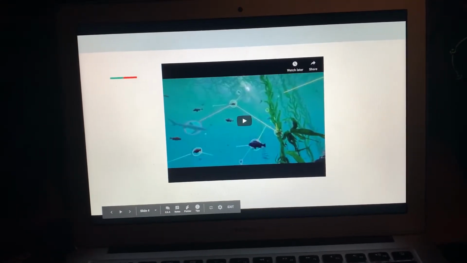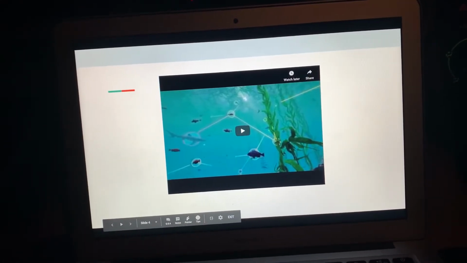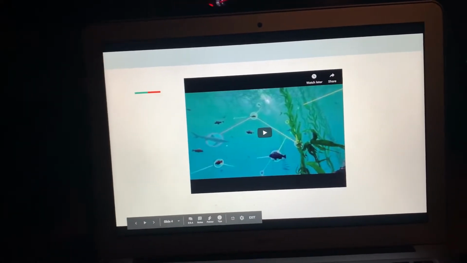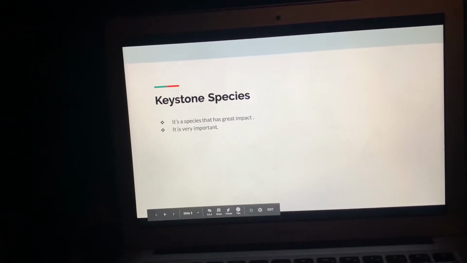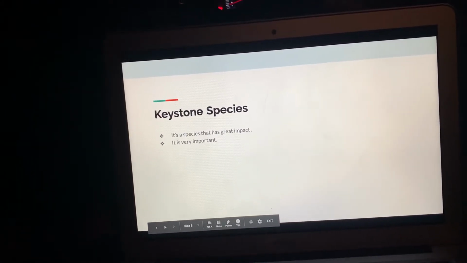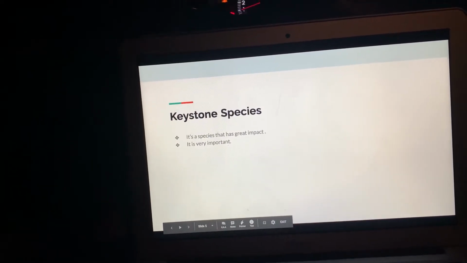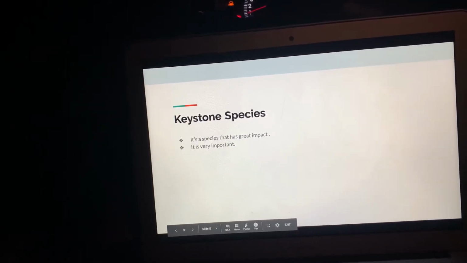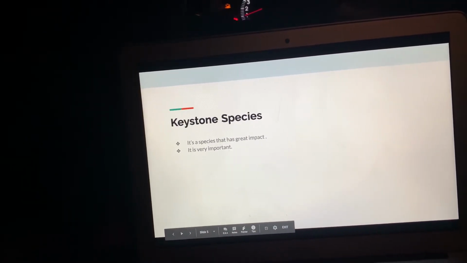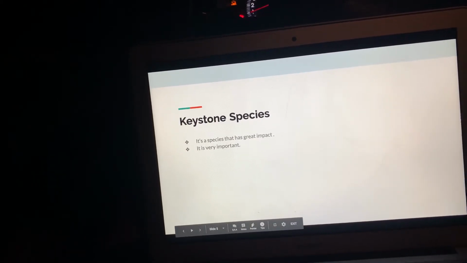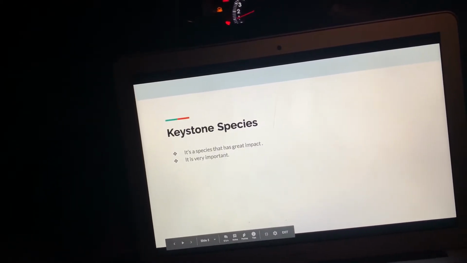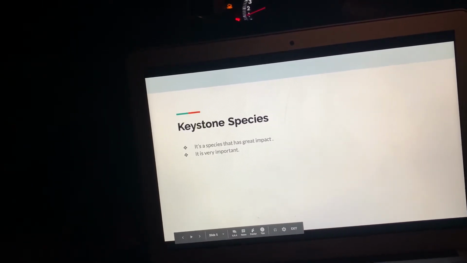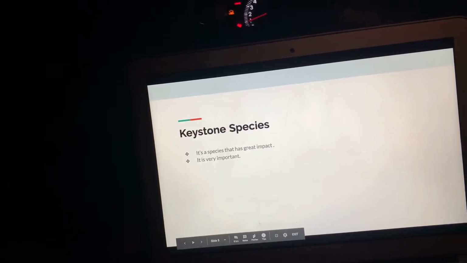In the video, it just gives a better description of how the ocean food web connects all the different species. And as you may have heard in the video, they said something about a keystone species. And you're probably wondering, what is a keystone species? Well, a keystone species is a species that has great impact on food webs, since it is one of the most important species of the food web, and the removal of a keystone species causes a huge effect on that community.